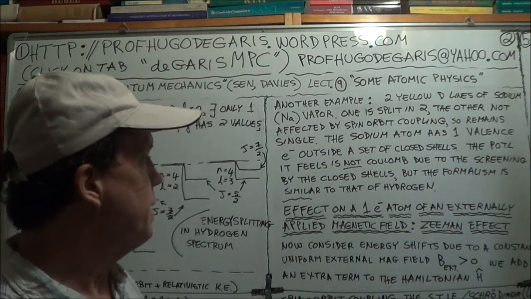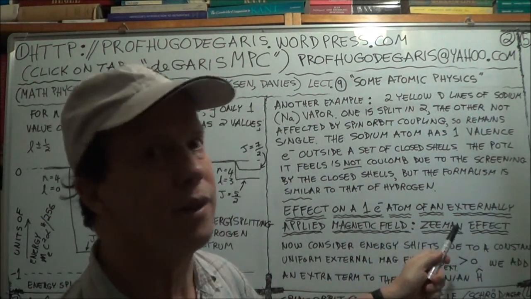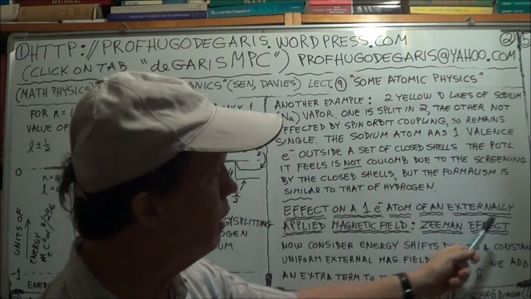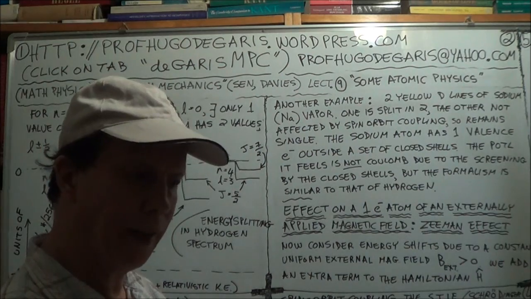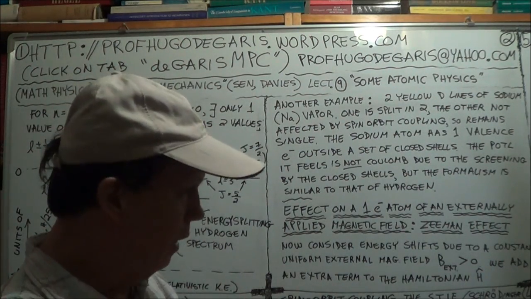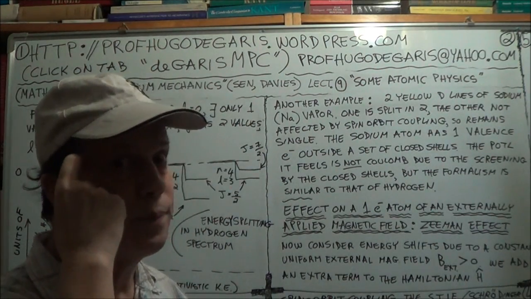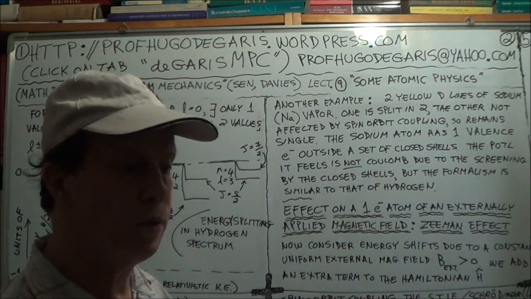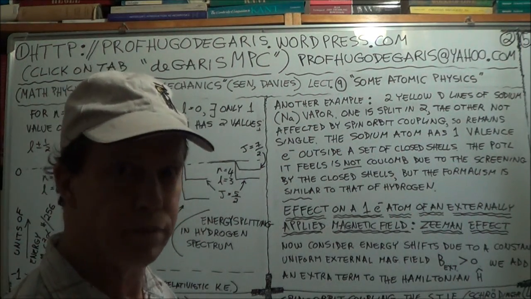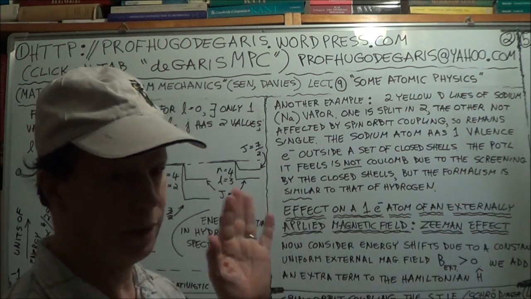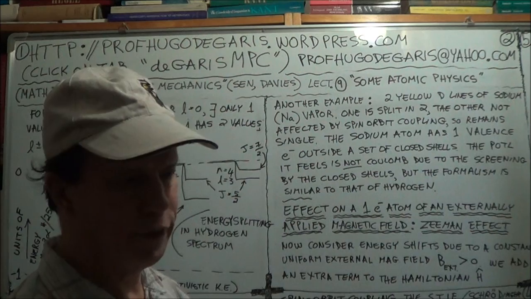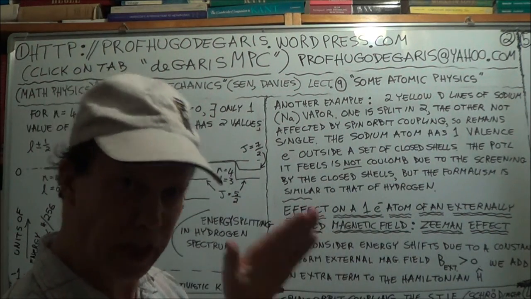Anyway, the Zeeman effect, I'll pronounce it in the Dutch way, is you get a splitting in the allowed spectral lines when you put the atom in a magnetic field. You can have a weak magnetic field or a strong magnetic field, and the stronger your magnetic field, the greater the splitting.